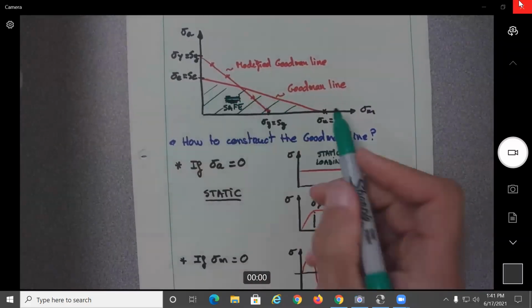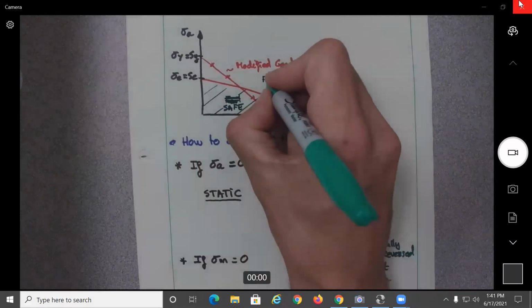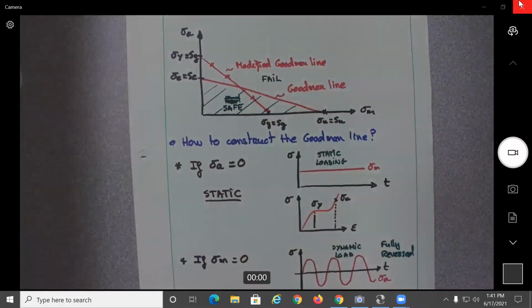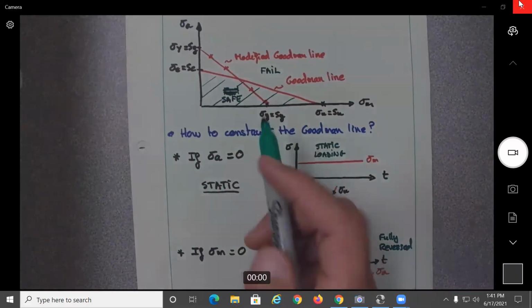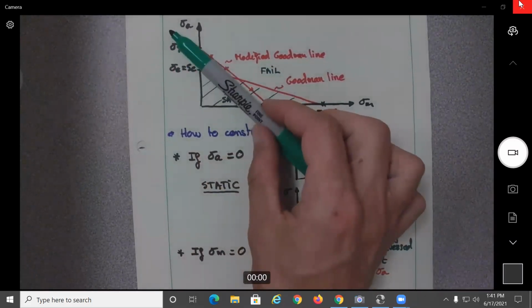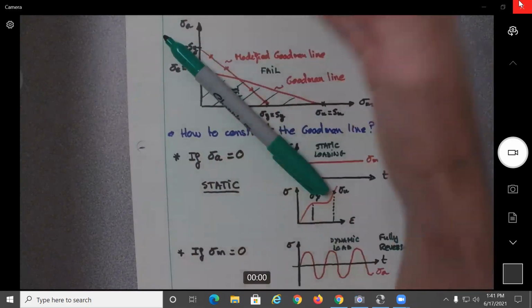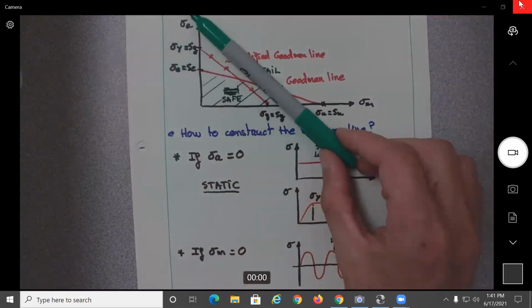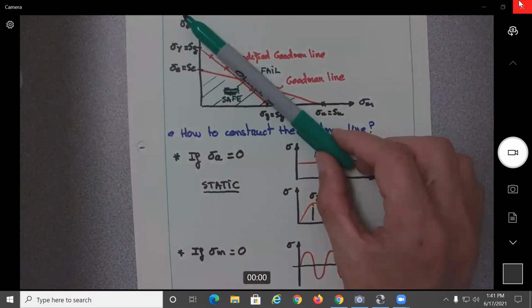And if you are on top of the curve, it's going to fail. But this is for the Goodman line. If you were using the modified Goodman line, on this part, it will fail. On this part, it will be safe.